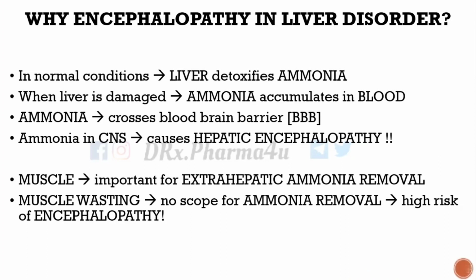But this is just a very simple theorem. We can't directly correlate it with a liver disorder, because for that we have to see the condition of liver enzymes in the patient, whether the patient actually has a documented liver injury or risk of liver injury, and also the ammonia level, because that is the most important thing we need to look into. So these are the two reasons why we can have encephalopathy in liver disorder.